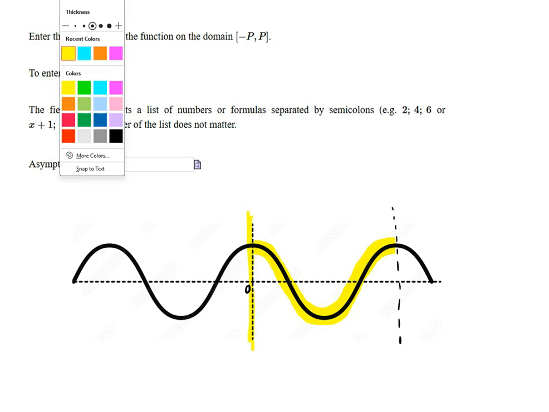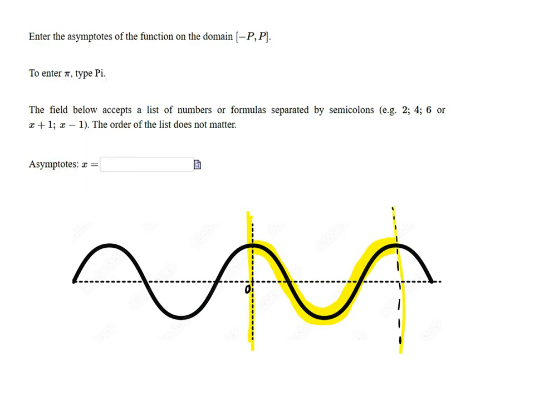So from there to there, that's my normal period for a cosine function, which means that you would have an asymptote here and here for the secant function in that 1 period.